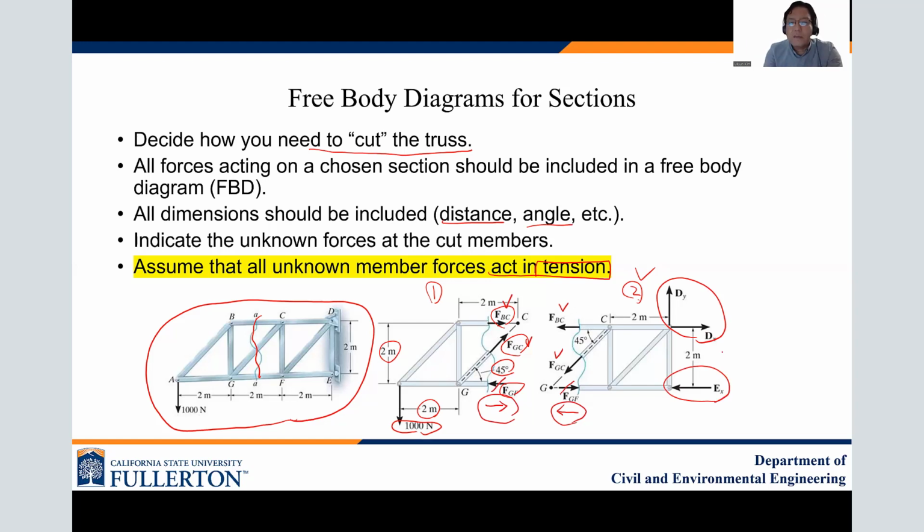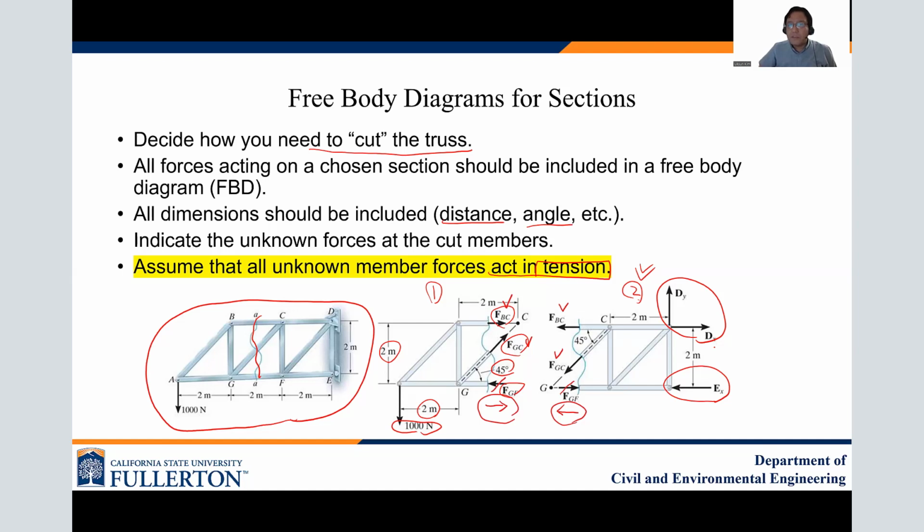Because with this free body diagram of part 2, you can see that FBC, FGC, and FGF are already 3 unknowns, so there cannot be more than 3 unknowns. That's the reason why you need to find these support reactions first. I will explain this one using an example problem.